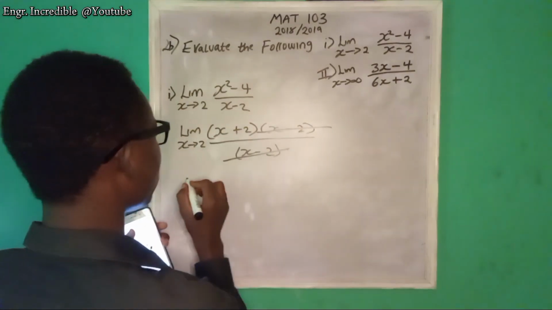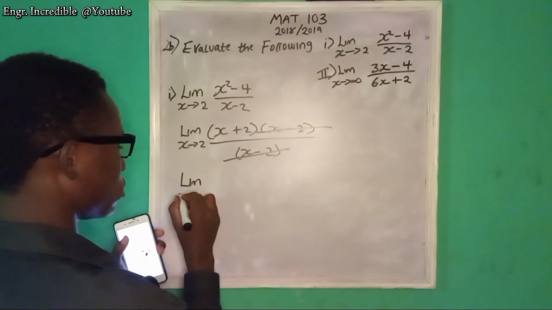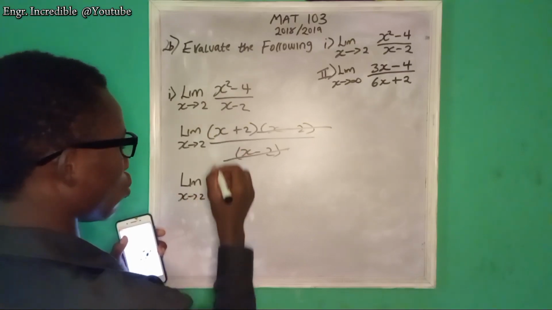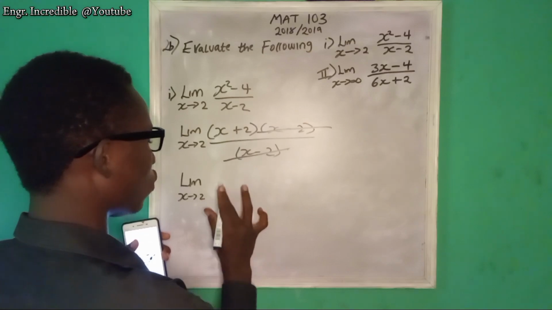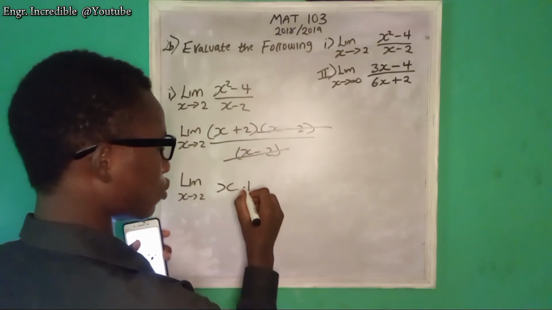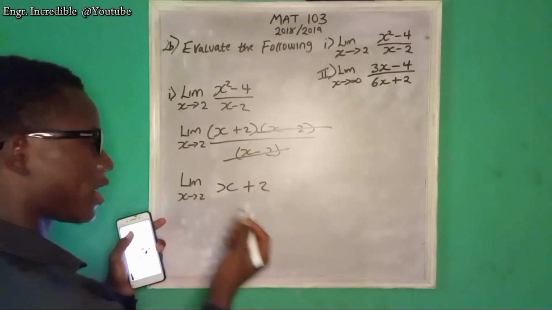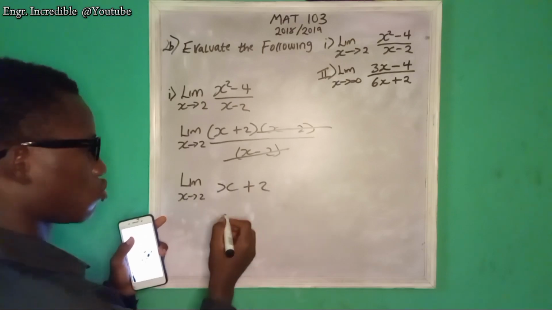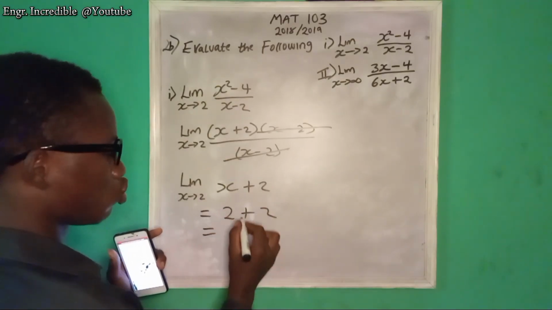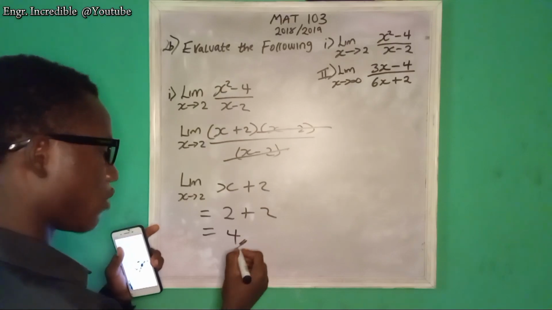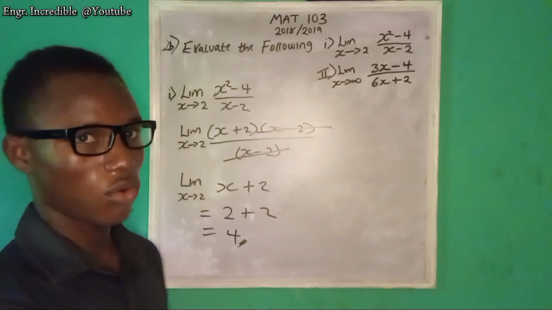Then we are going to have the limit as x tends to 2 of x plus 2. Then when we input our limit, we have x equals 2. We have 2 plus 2, which is equal to 4. So our final answer is 4 for the I.